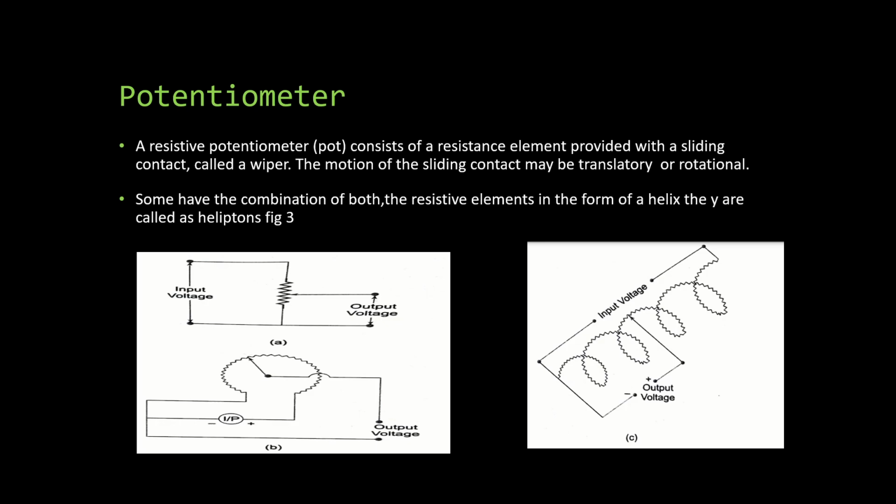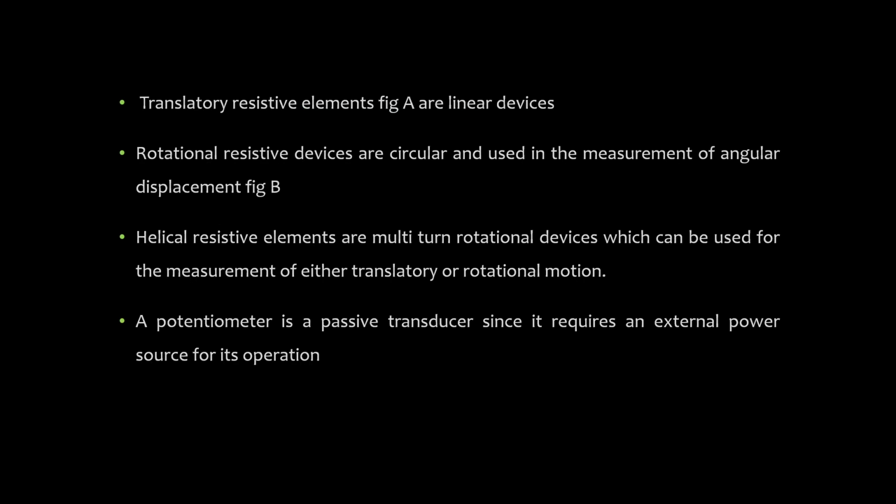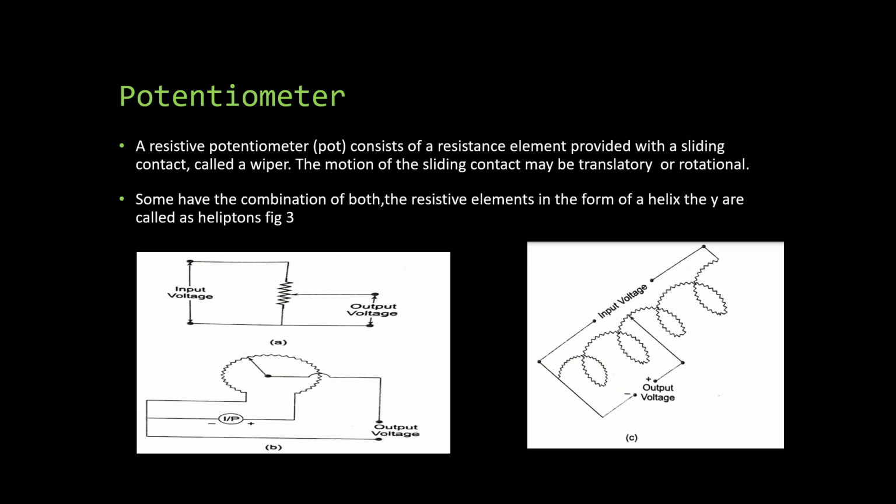Or a combination of both, which means the resistive element is in the form of a helix, and they are called helipots, as we can see in figure C. Translatory resistive elements, which are shown in figure A, are linear devices.